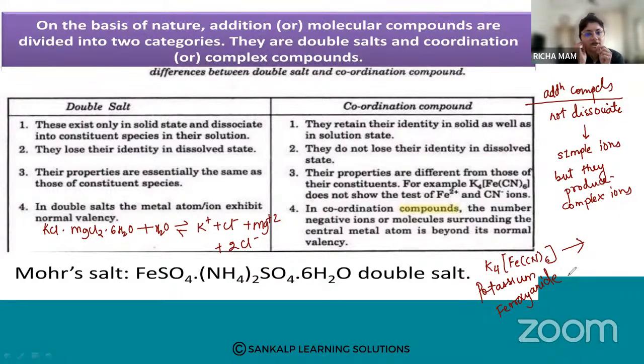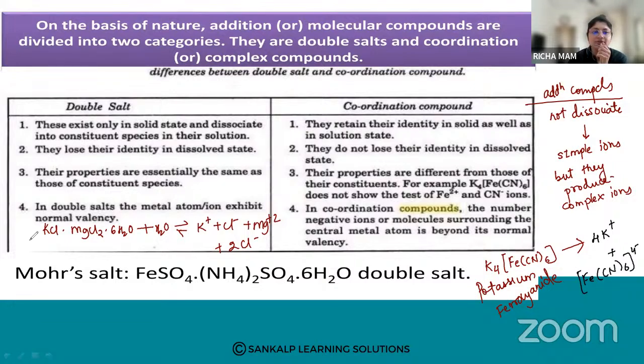So what is a coordination compound? These are also addition compounds. When we add it in water, they will not dissociate into simple ions, but they will produce the complex ion. Now, the example: when you add K4[Fe(CN)6] in water, it will dissociate into 4 K+ ions plus [Fe(CN)6]4-.